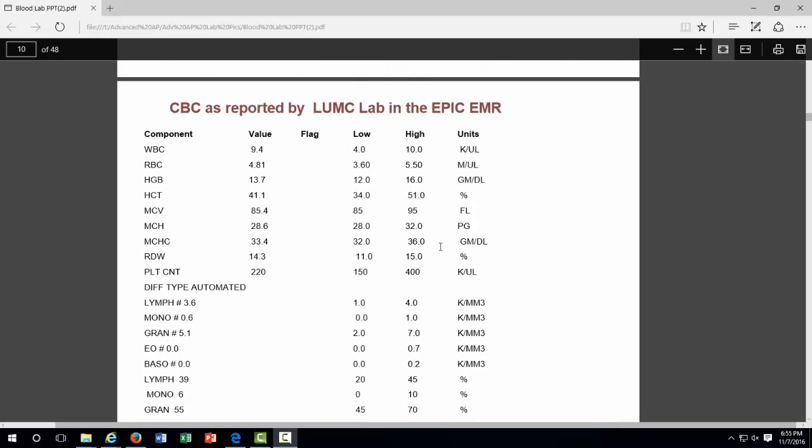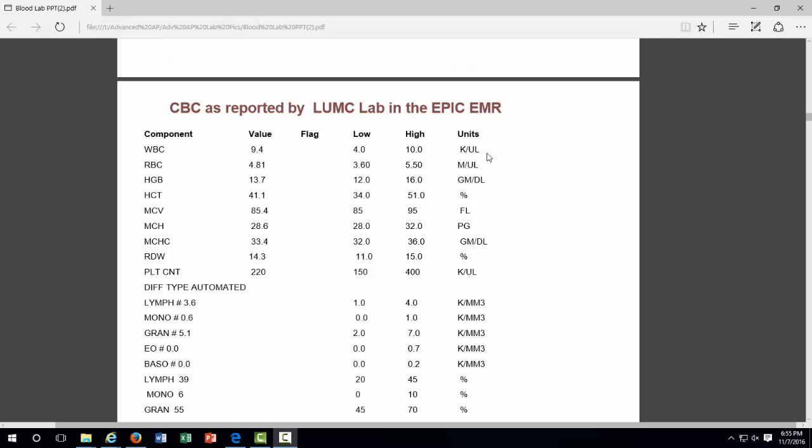Okay, so here's a CBC that was taken in a lab, and this is in the chart, and again, in the chart, they're always going to have high and low for you, so you can see what's normal or abnormal. So if I look at these numbers here, does this person have any abnormal values that we should be concerned about?